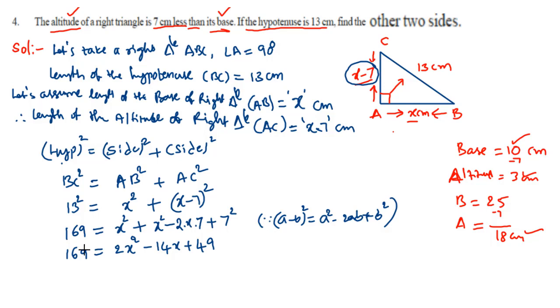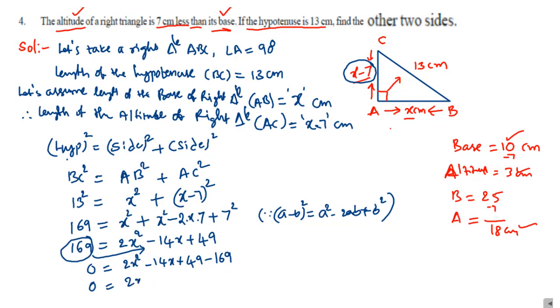Now on the left hand side we have 169, which is a constant term, so let us transpose this to the right hand side. What we are left with on the left is 0, so 2x square minus 14x plus 49, and by transposing 169 to this side we get minus 169.